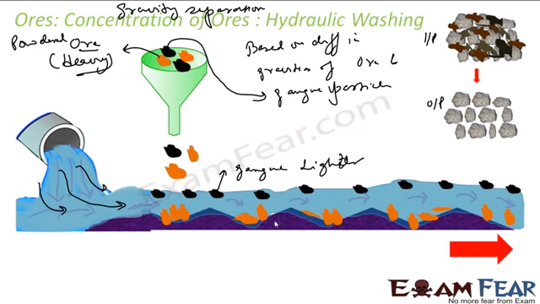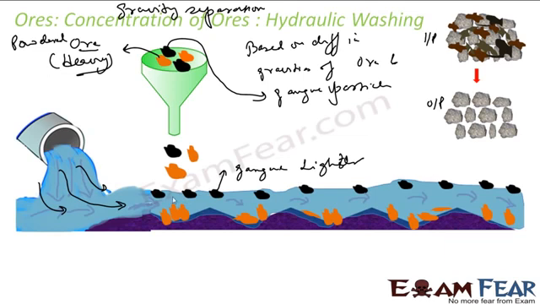And in this kind of zigzag structure, they will settle down and they won't move. Because once it's settled down and there is an upward slope here, you need more and more pressure to remove these particles. So it gets stuck here. But the gangue particles, the black particles, will move with the water stream, right?